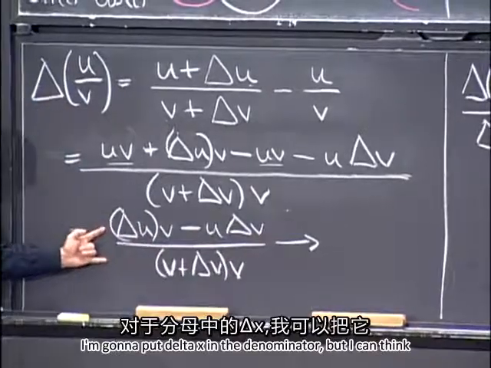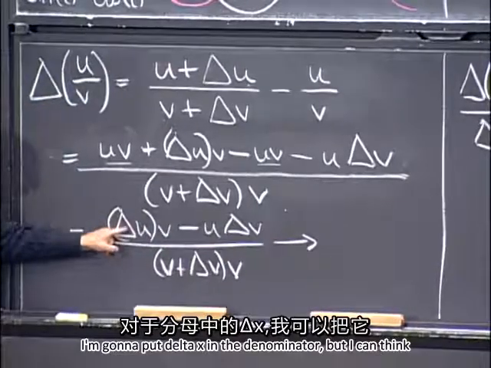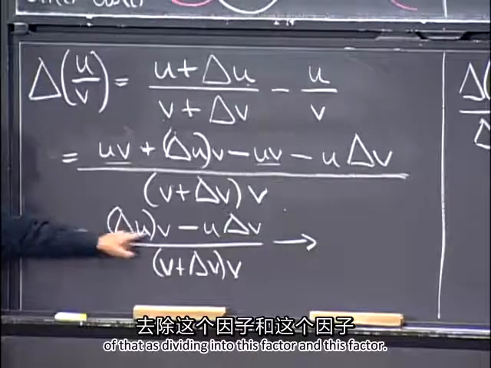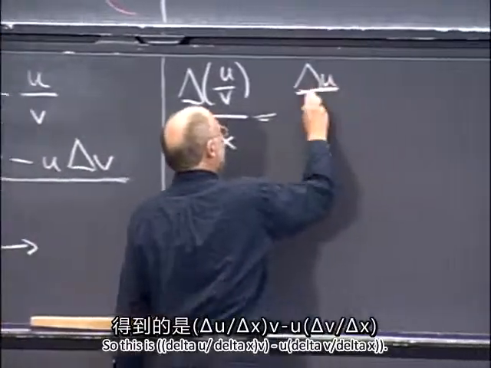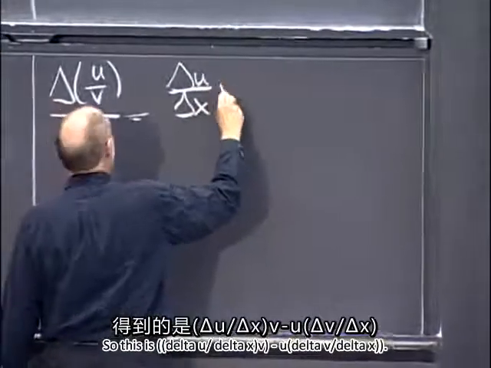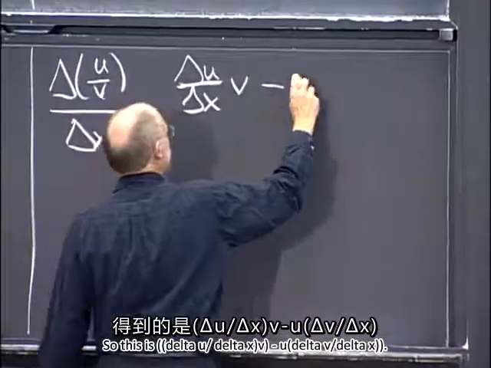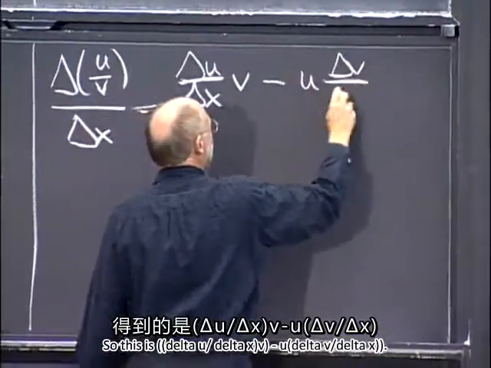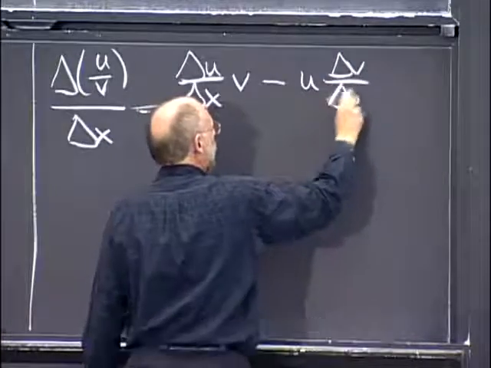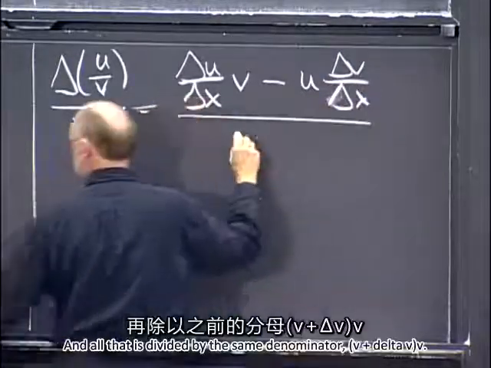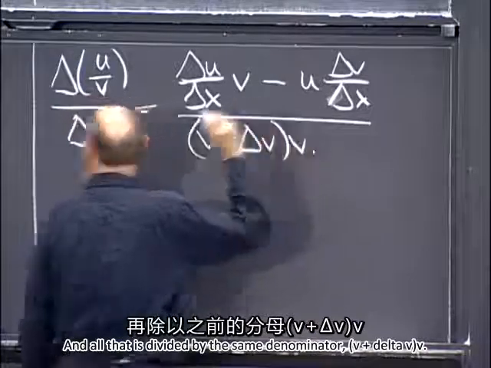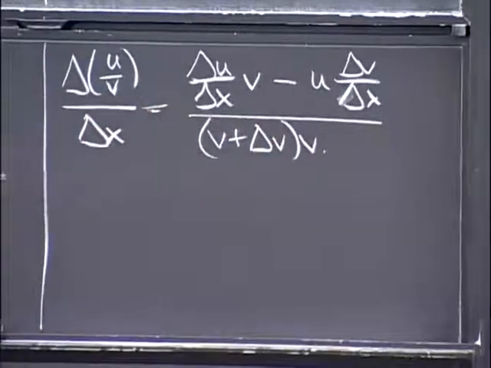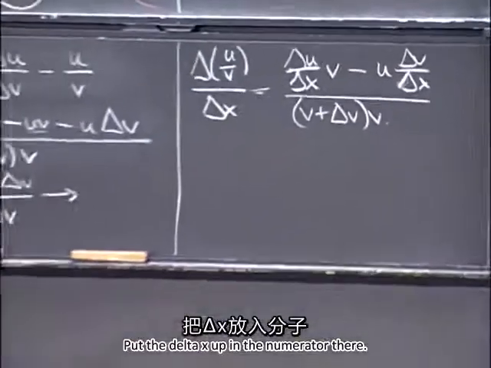I'm going to put delta x in the denominator, but I can think of that as dividing into this factor and this factor. So this is delta U over delta x times V minus U times delta V over delta x, and all that is divided by the same denominator, V plus delta V times V. Right? Put the delta x up in the numerator there.